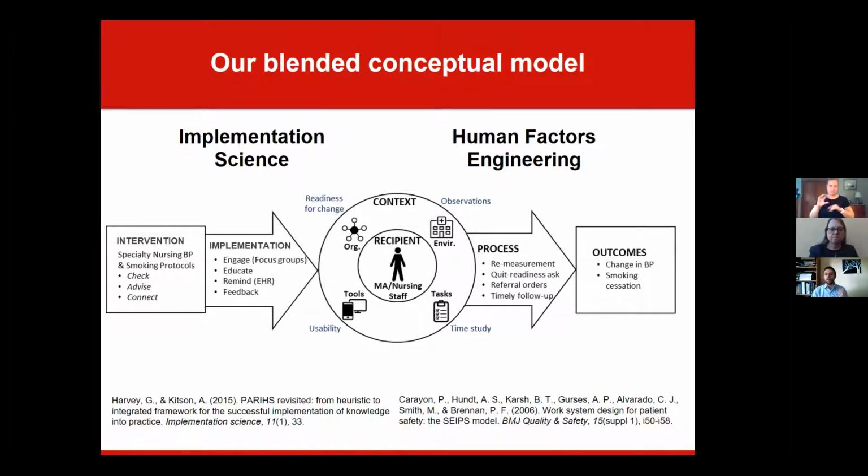And wearing my human factors and systems engineering hat, I understand the importance of looking at people who are conducting work as embedded in a system that includes multiple factors.